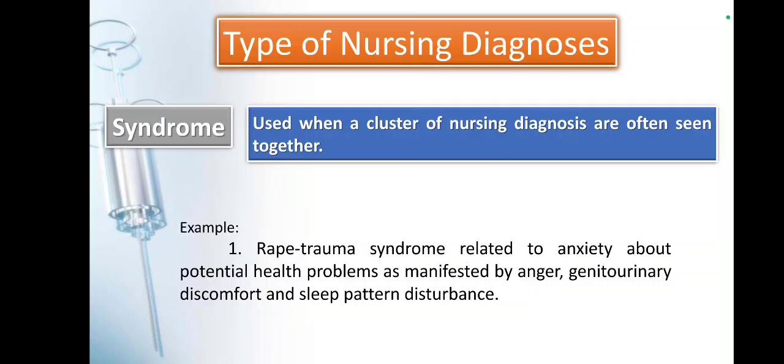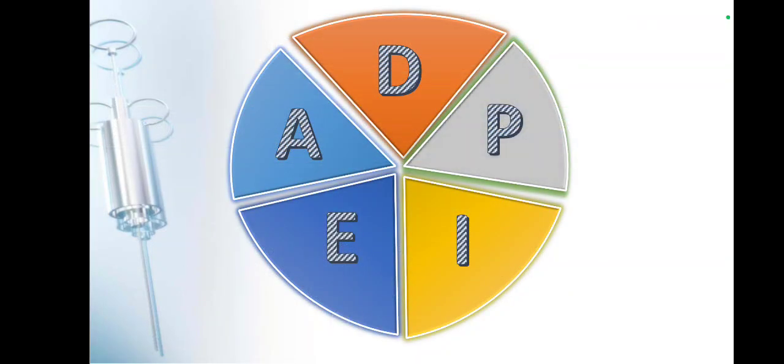If there is no actual problem, then we can look for any risk factors observed from the patient. Now, let's say we don't have any risk factors from the patient. So, it's good. So, you check the chart. Maybe the patient is for discharge. So, you can use the wellness diagnosis.